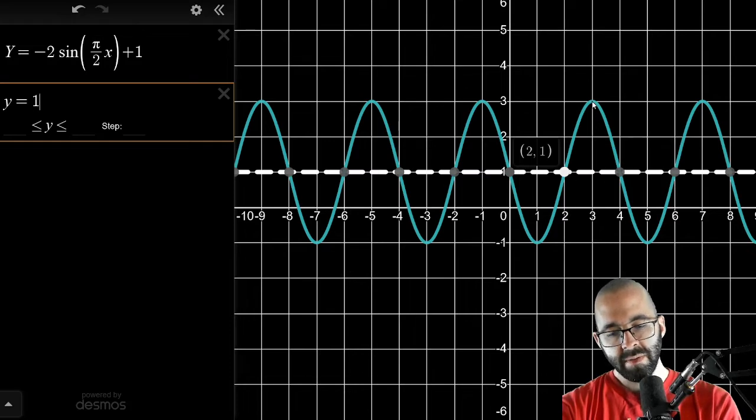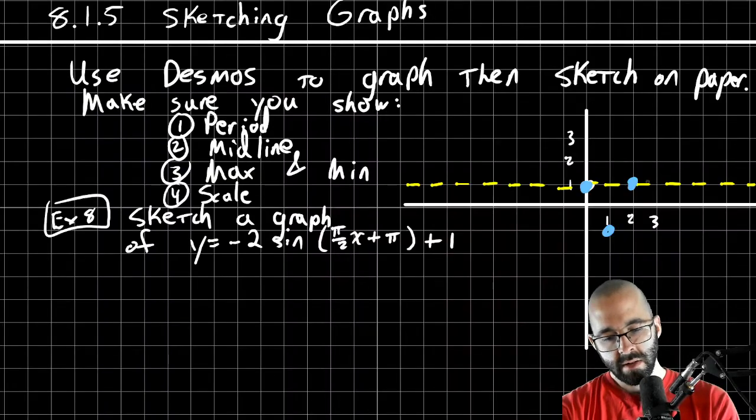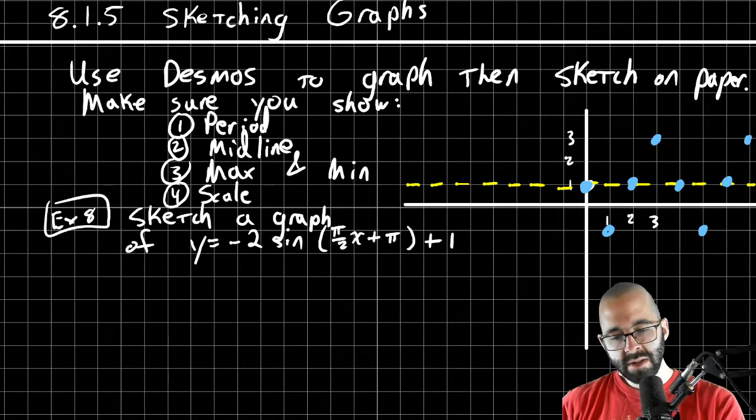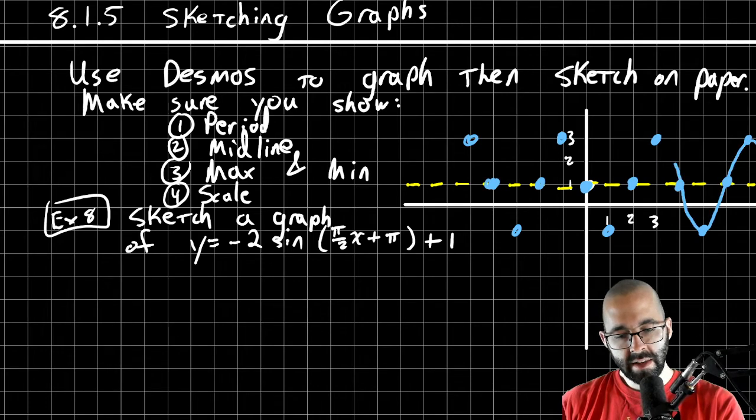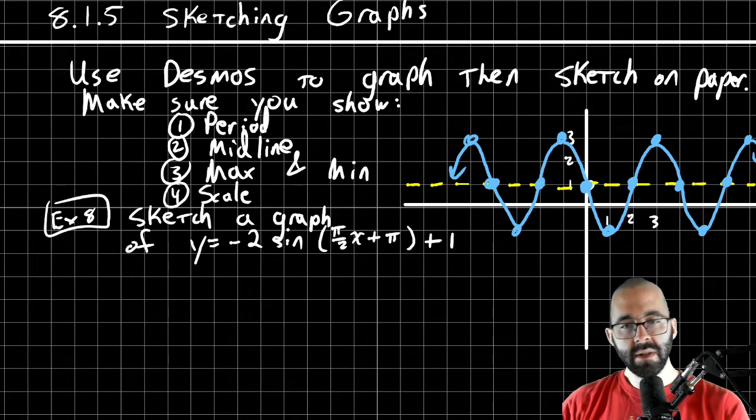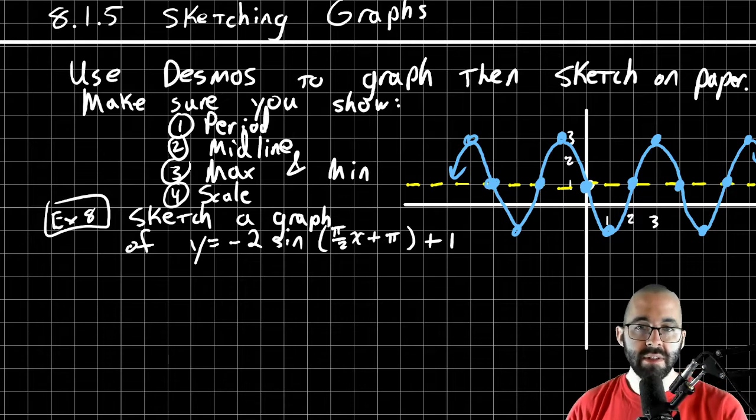And then to our maximum at 3, 3. And then back to our midline, and then back to our minimum, back to our midline. And once you get a couple points, you should be able to just copy the pattern and get a good looking graph. Now let's connect this. Something like so. And that's our sine graph.